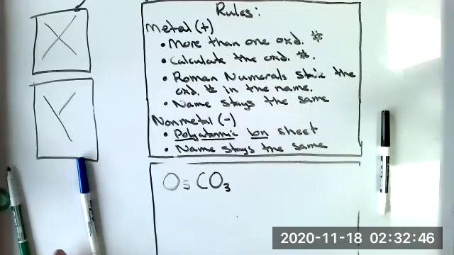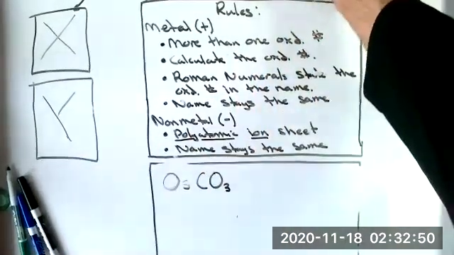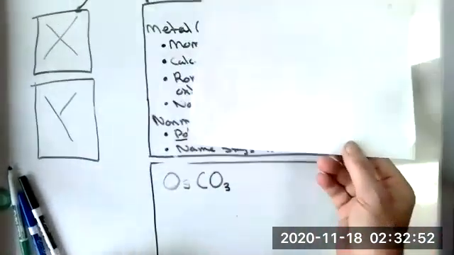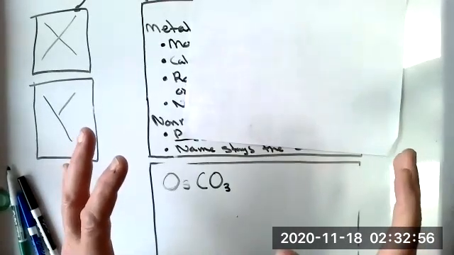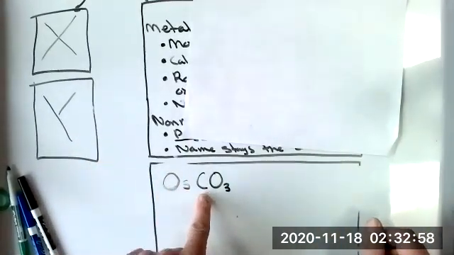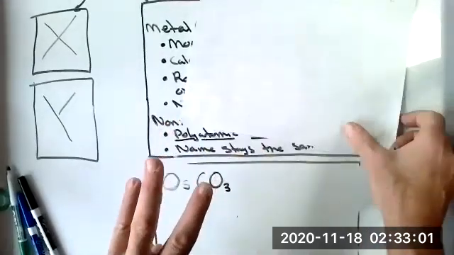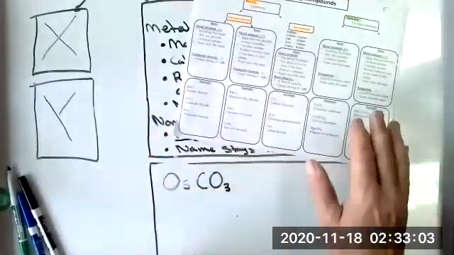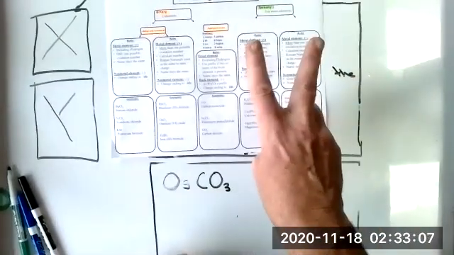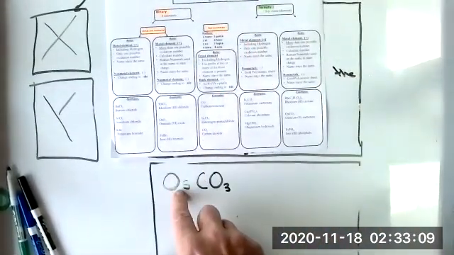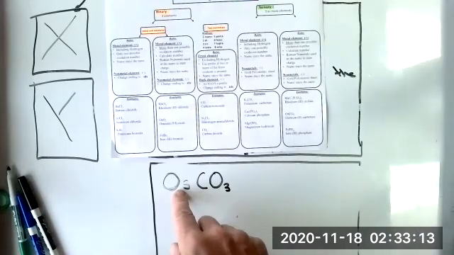Here again, watch my routine. I don't even look at this first. What you should do first is look at the compound. 1, 2, 3. I have 3 atoms. Then I flip this over, and I already know I'm over here. Second thing, for the rest of your life, you better look up this guy in front to see if he has only one or more than one possible oxidation number.